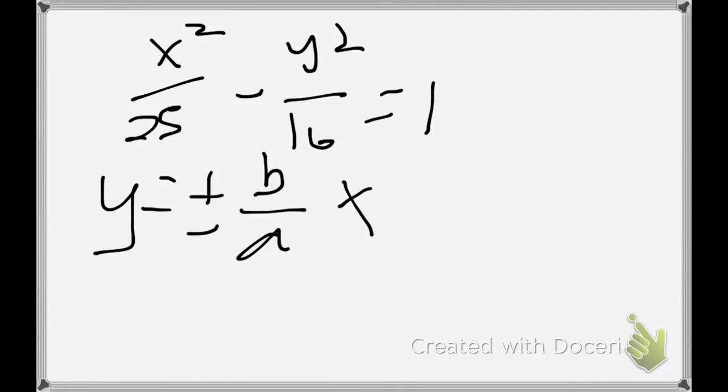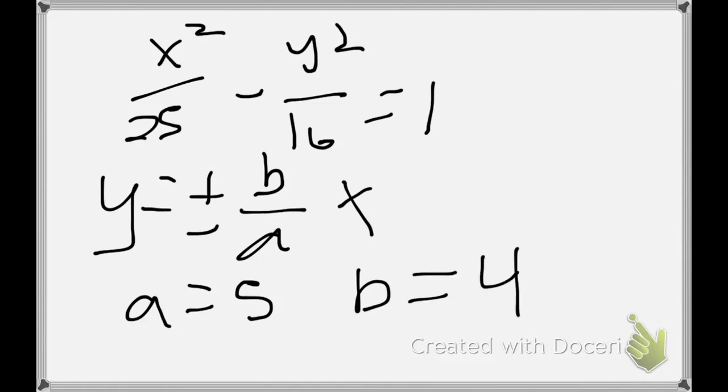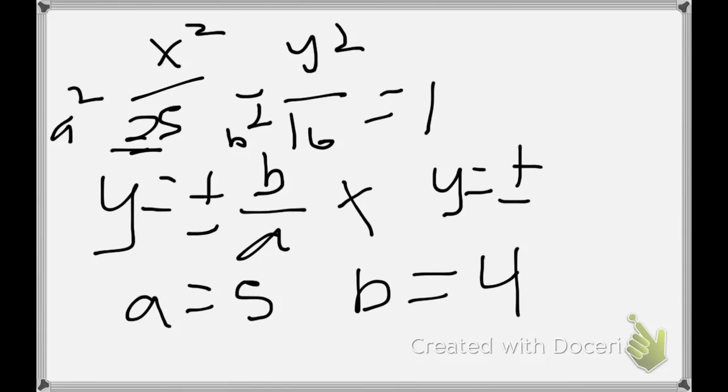We know the transverse axis is horizontal, and we can also know a equals 5 and b equals 4 from this. So the equation of the asymptotes for this would be y equals plus or minus 4 over 5 x.